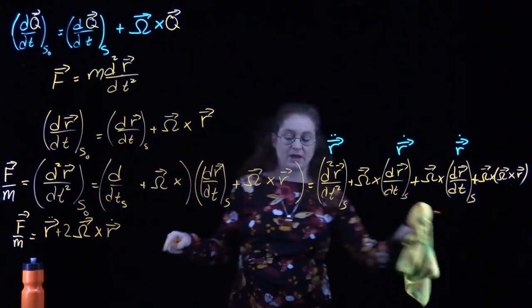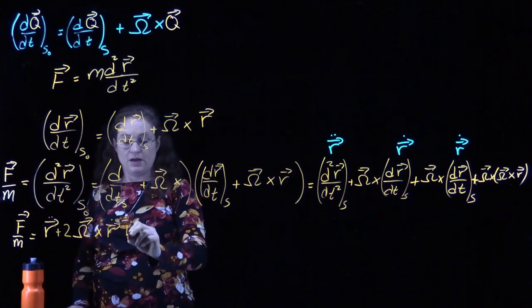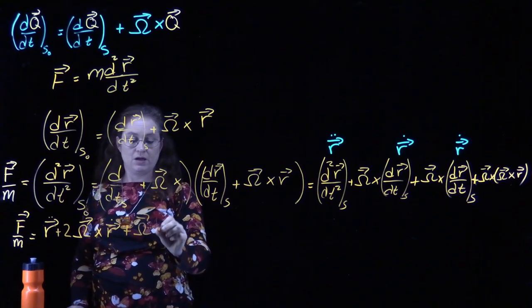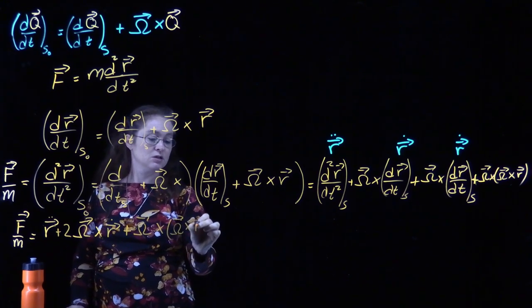I have a 2 omega cross r dot, and then I have an omega cross r.